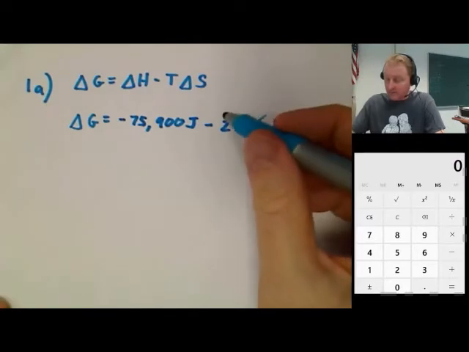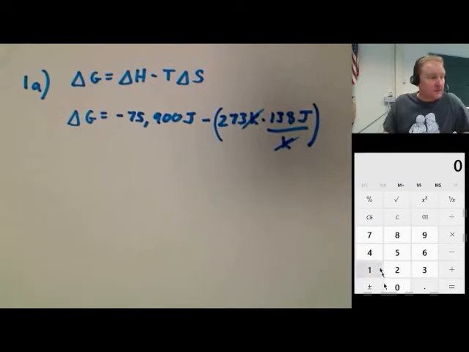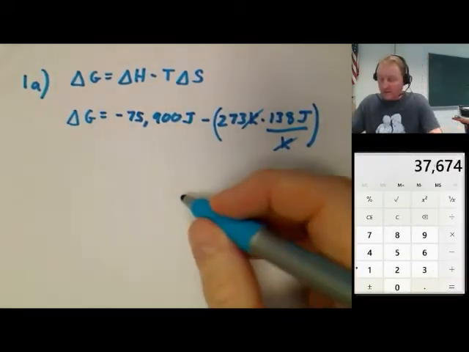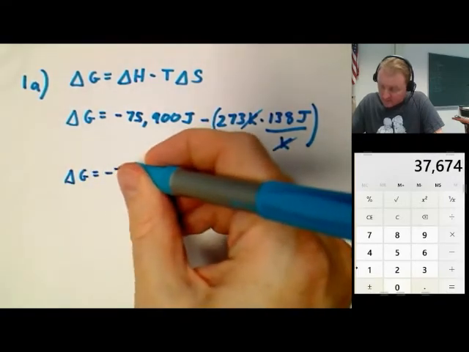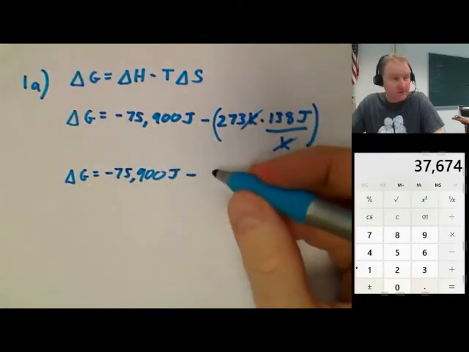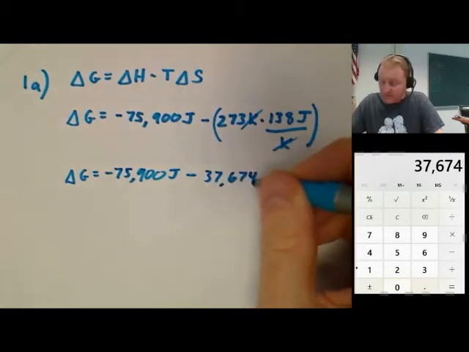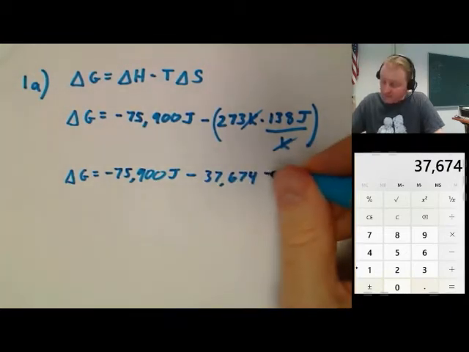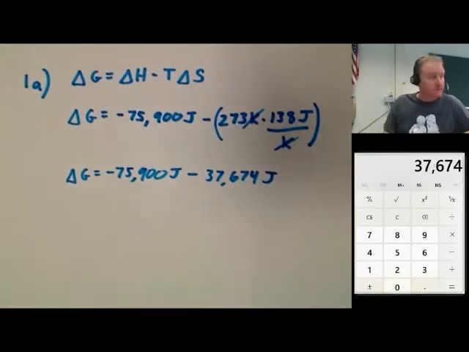Let's take care of this part first. I'm going to say that we have 273 times 138, so delta G equals negative 75,900 joules minus 37,674 joules. We can plug that into our calculator.